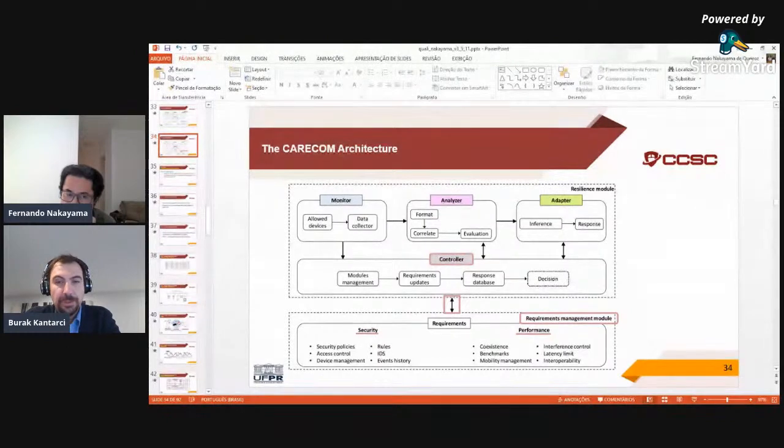specifications about the requirements management module here, because I don't think you are able to solve all the problems under security, or all the problems under performance issues here, like including interference control, latency limit, or interoperability, or mobility management. All of these titles are standalone research topics.